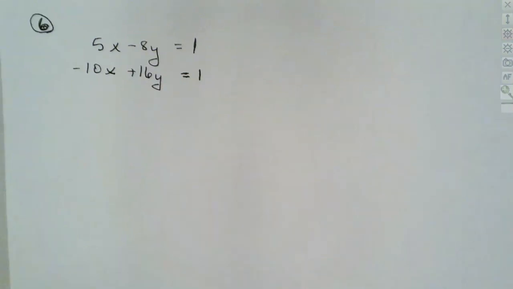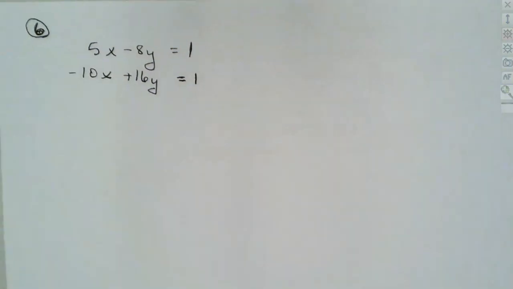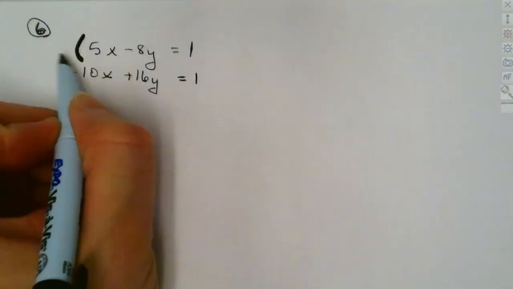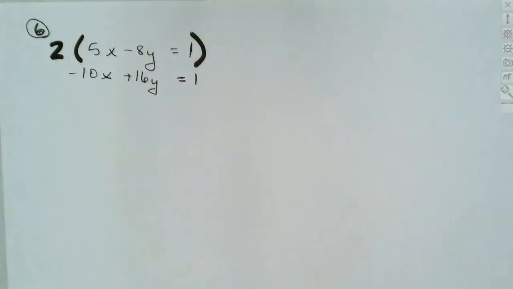And what we want is either the x's to be the same or the y's to be the same, and opposites in signs so they cancel out. Now, if we look at the 5 and the 10, well, that's easy enough to see because 5 times 2 is what? 10. Okay, one's already positive, one's negative. So let's take our first row here, our first equation, and let's multiply that by 2.